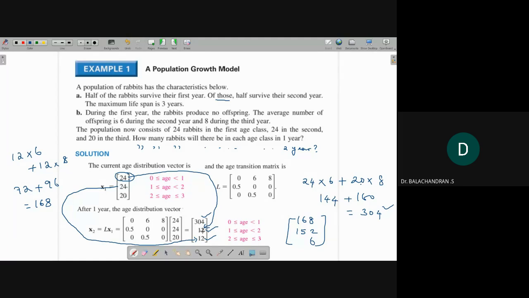Here, you can check it. Half of 24 is 12. Again, half is 6. So that means 24 into 1/4 is 6.